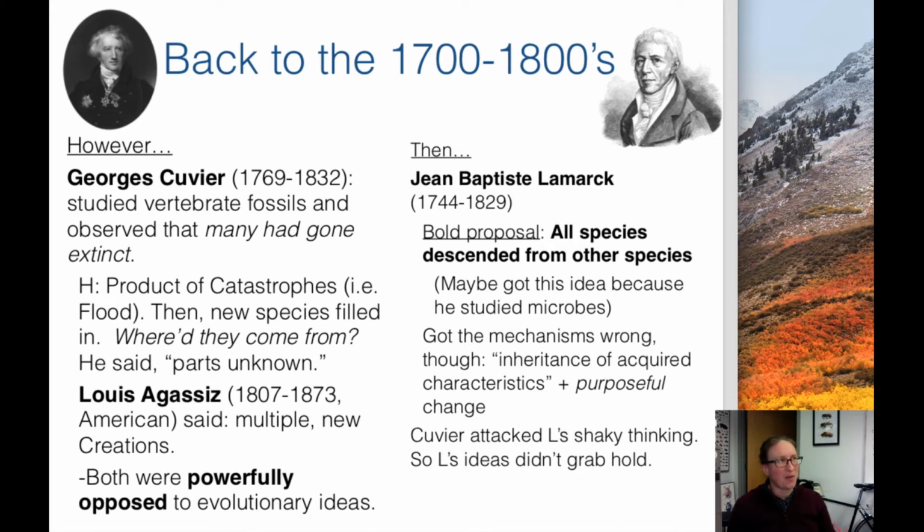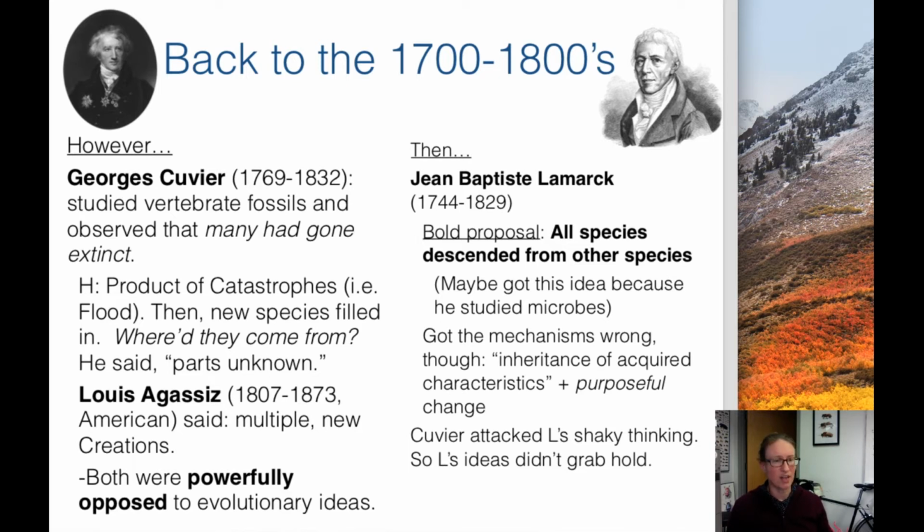But he gets kind of a bad rap in a lot of the history of biology because although he had a very bold idea to express at the time, the idea that species come from other species, he got the specific mechanisms wrong.